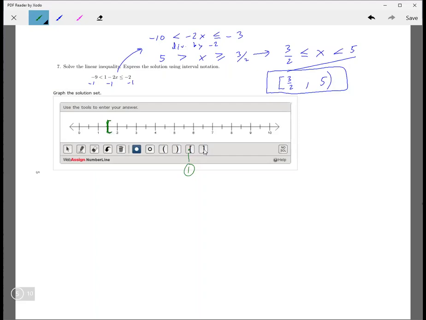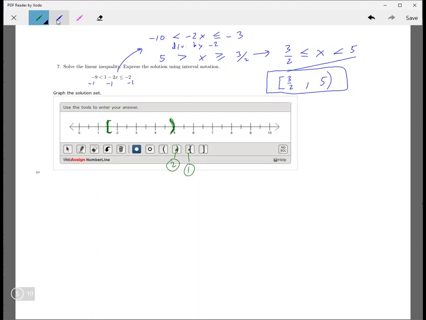Then you want to do a parentheses. So you're going to hit this one here and place it at 5, like that.